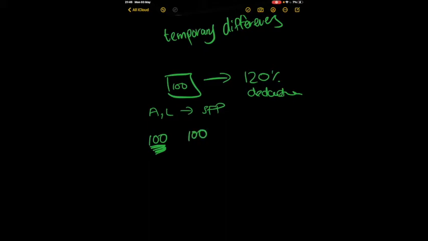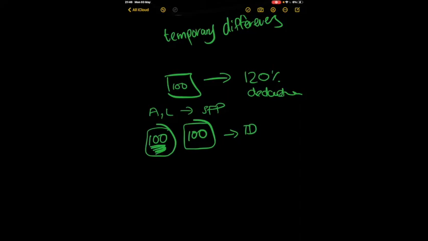If the economic benefits are taxable, then the tax base becomes the future deductions. So we know that for this 100, the full 100 is going to be deducted. So at initial recognition, there's no temporary difference there because the two are equal.